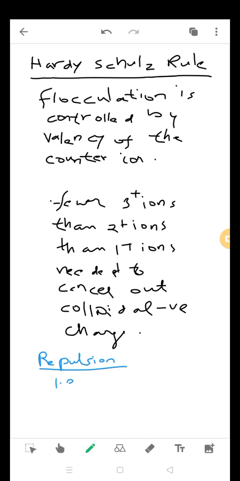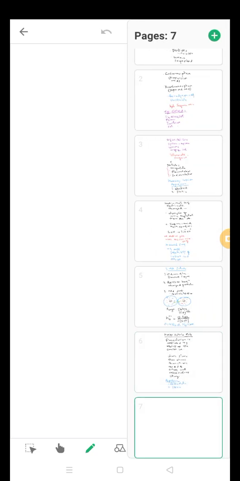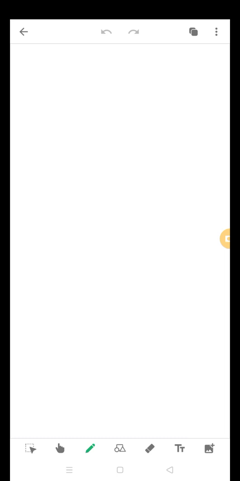So the above phenomena is associated with electrostatic repulsion, and we have another type of repulsion called steric repulsion, or you can also call it steric stabilization.